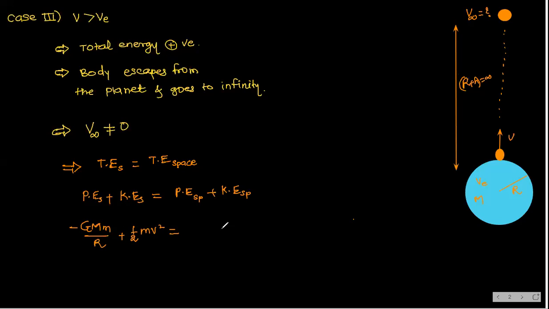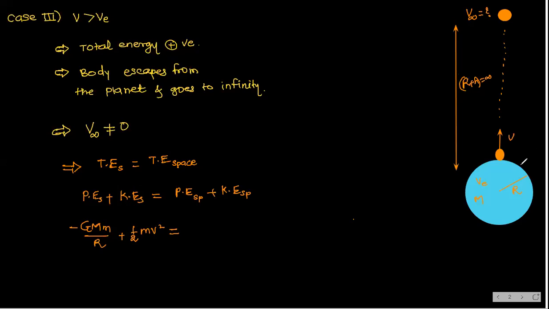Any other doubt, please ask. Understood till here? T means total energy, TE means total energy, P means potential energy, KE means kinetic energy, S for surface, SP for space.